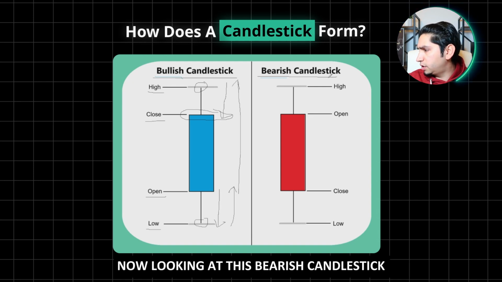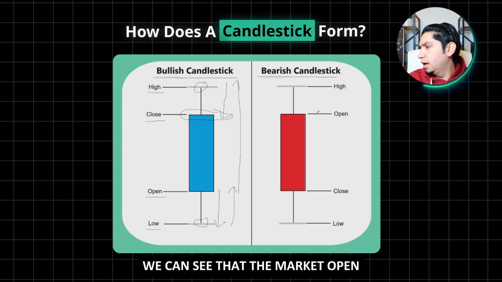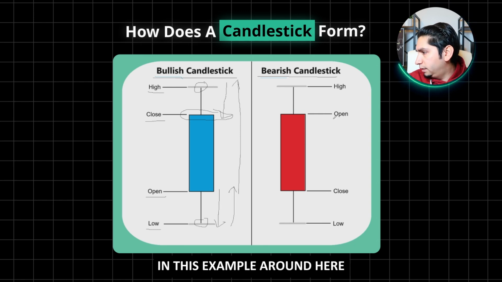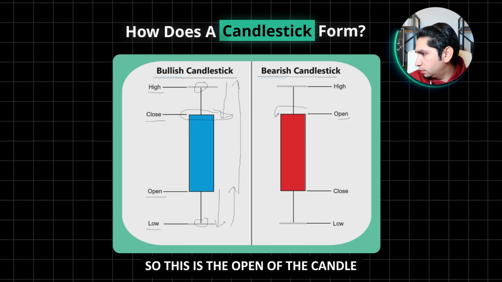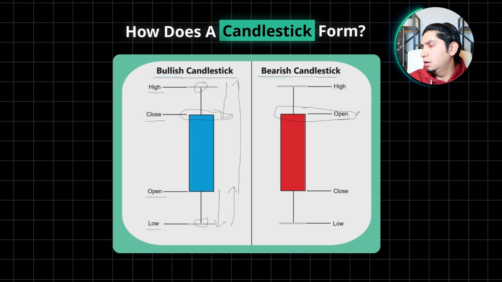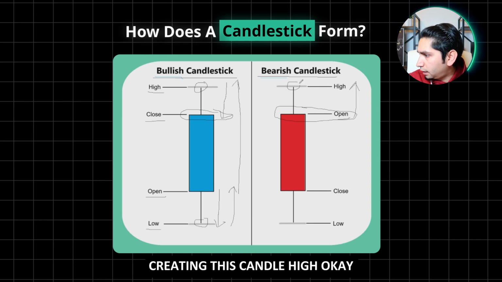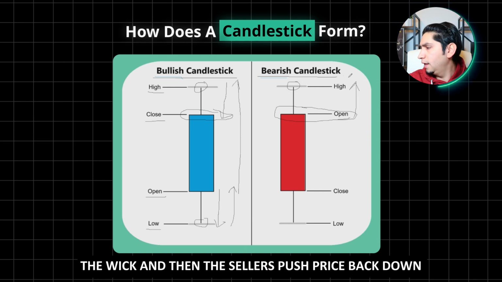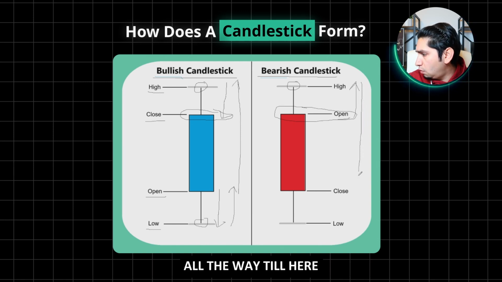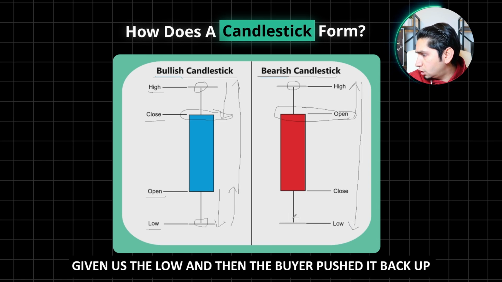Now, looking at this bearish candlestick, we can see that the market opened in this example around here. So this was the open of the candle. We had the buyers pushing price up, creating this candle high, okay, the wick. And then the sellers push price back down all the way till here, giving us the low.